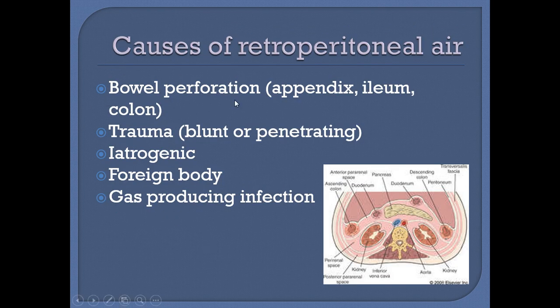Causes may be bowel perforation like appendix perforation and ileal or colonic perforation, blunt trauma, penetrating trauma, which can give injury to the pancreas, iatrogenic causes, some foreign body, gunshot, and gas-producing infections.